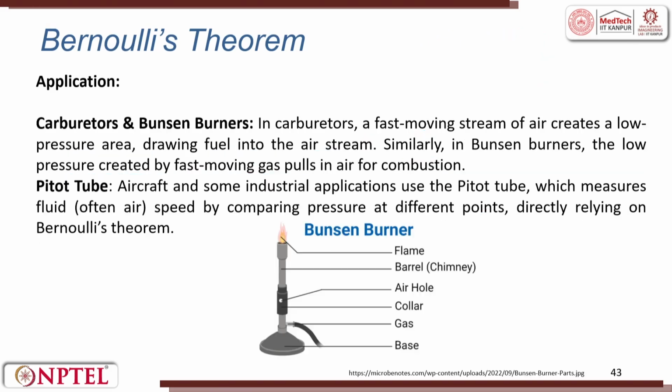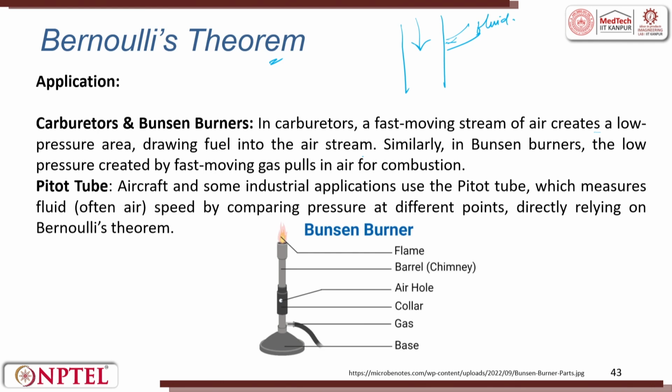the ball. The Bunsen burner and the carburetor also work with Bernoulli's theorem. In the carburetor, a fast moving stream of air creates a low pressure area, drawing fuel into the airstream. So what happens is you will have air which is coming and then you have a fluid which is flowing.